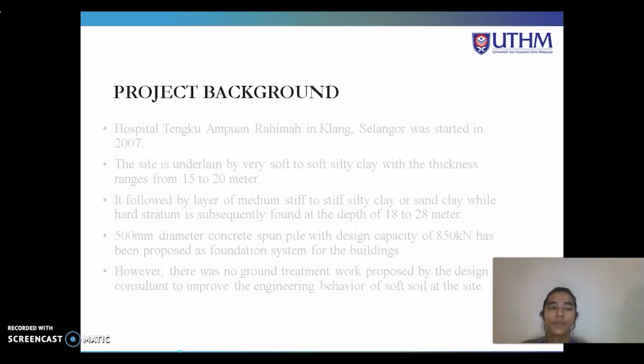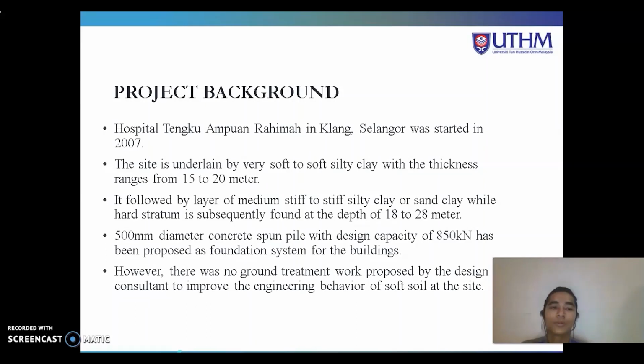Next, for our project background, the Hospital Tengku Ampuan Rahimah in Klang, Selangor was started in 2007, and the site is underlain by very soft to soft silty clay in the range of 15 to 20 meters, and the next layer of medium stiff to stiff silty clay, while the hard stratum is subsequently found at a depth of 18 to 28 meters.